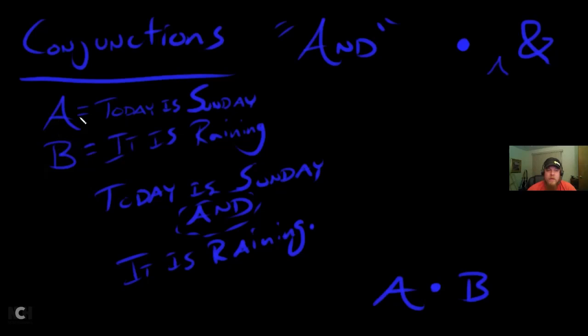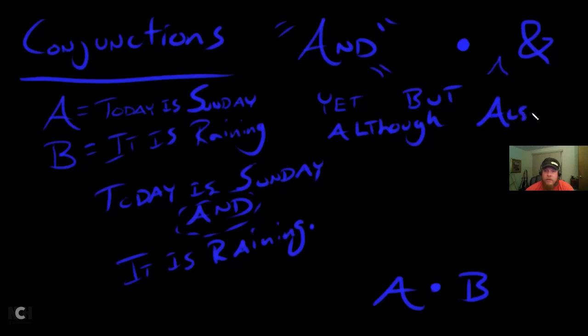Well, hey, where did this A and B come from? I just picked them kind of randomly here, but I'm saying that they stand for this. But what are some other words that mean "and"? Some synonyms for "and." There are a bunch. I could say yet. I could say but. I could say although. I could say also. And here are some other spicy ones: moreover, nonetheless, nevertheless, additionally.